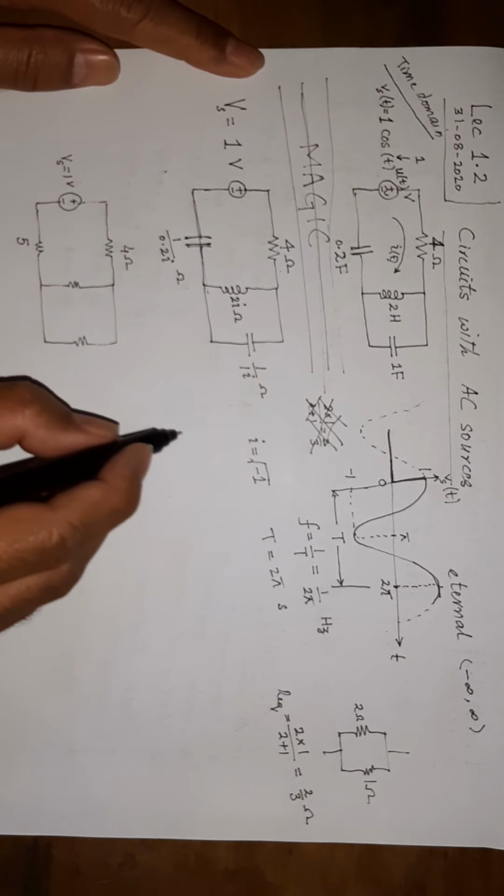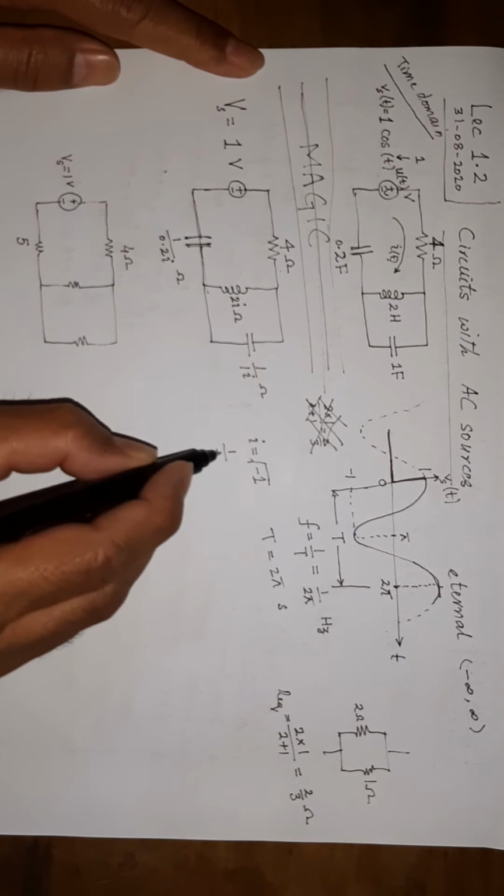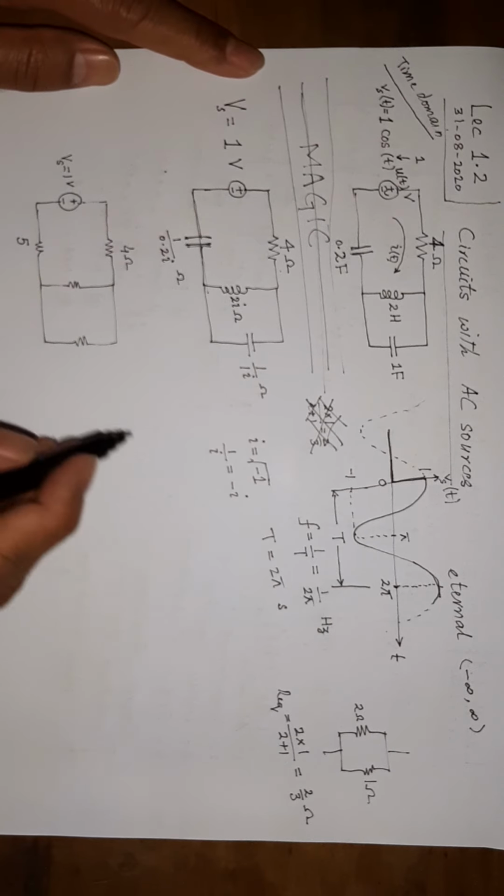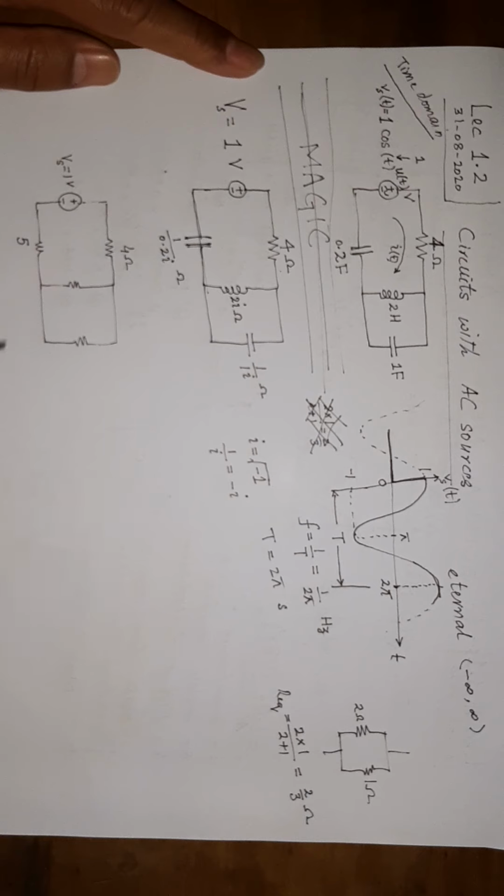And remember, 1 over iota is minus iota. I think it's very simple, you can solve it yourself and see. So this is minus 5 iota ohm. This is 2 iota ohm. And this is minus iota ohm. So all these are resistances now in ohm.